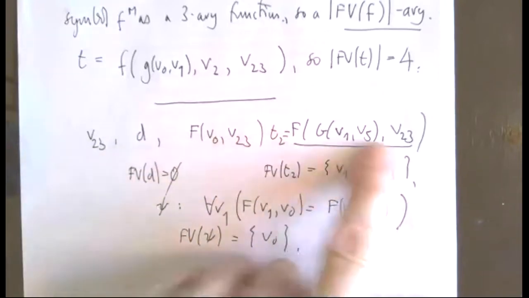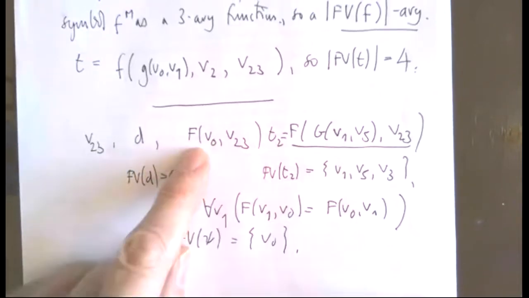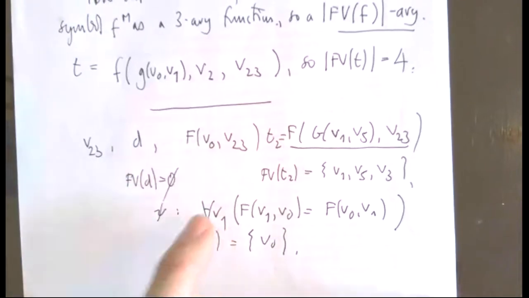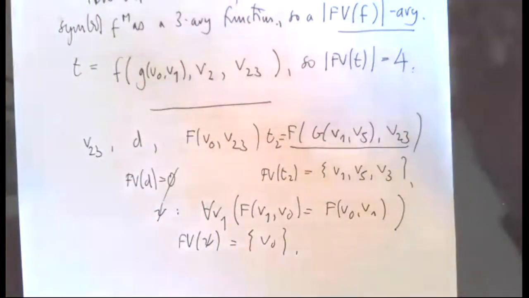So yeah, in any term, you just look and see what variables there are, and those are the free variables. Something can only become unfree if it's bound by a quantifier, so in a formula.